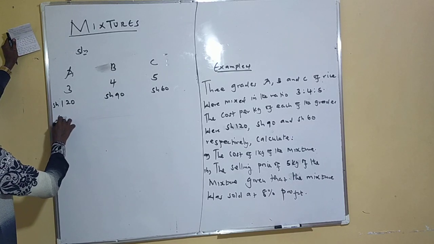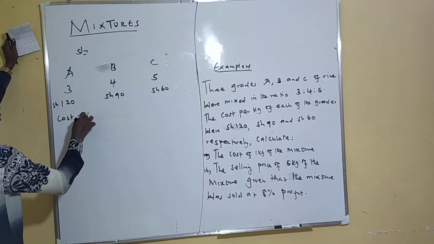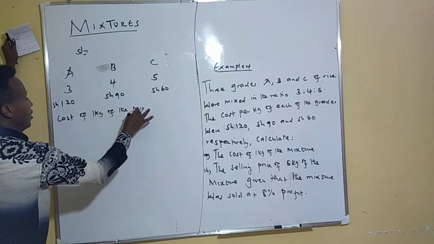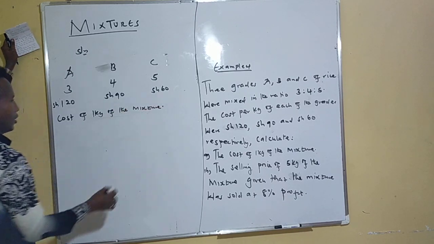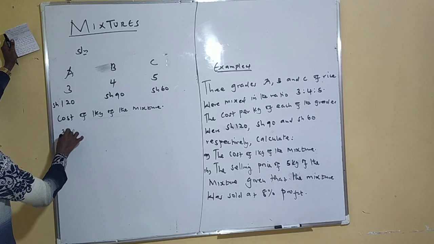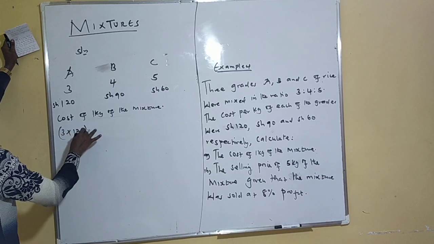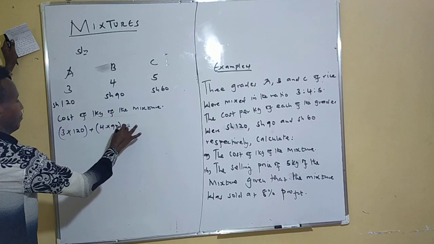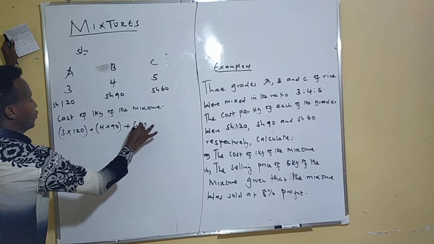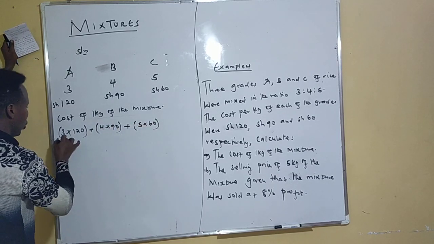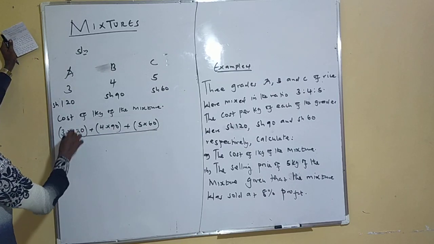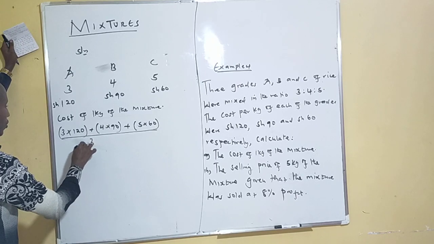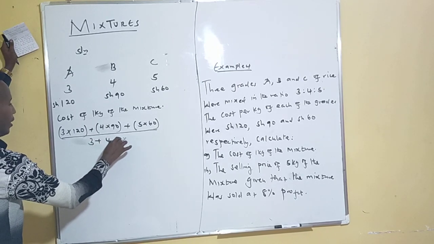Then let me get the cost of 1 kg of the mixture. It will be 3 times 120 in the bracket plus 4 times 90 plus 5 times 60, total divided by the sum of the ratio, which is 3 plus 4 plus 5.